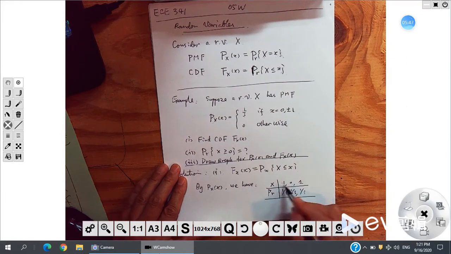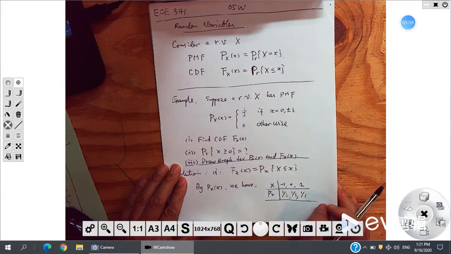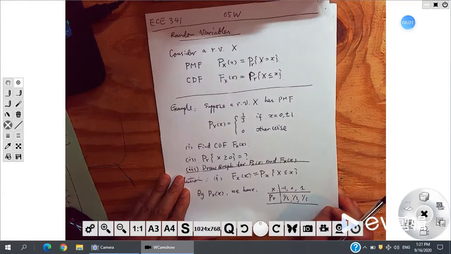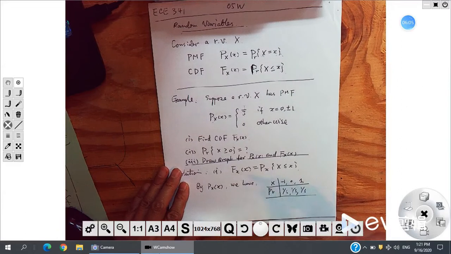You can think of this as a sample space, but of course X usually comes from some sample space, some experiment, and that sample space might be described by some words, some description, some statement.